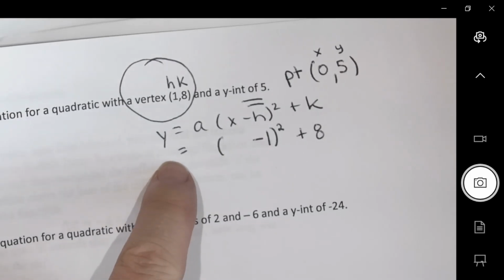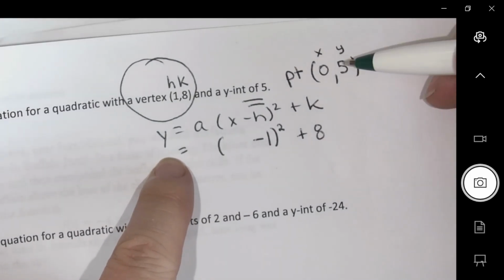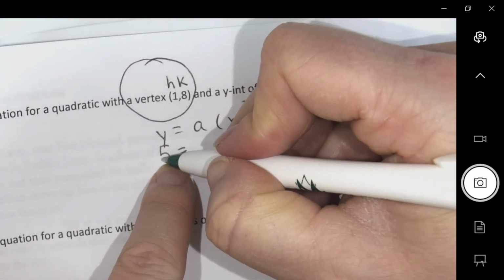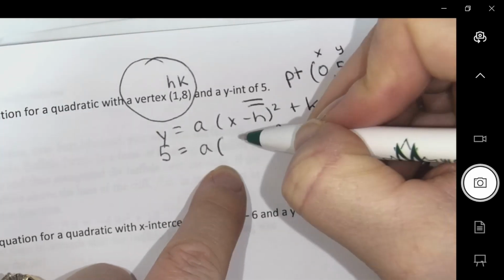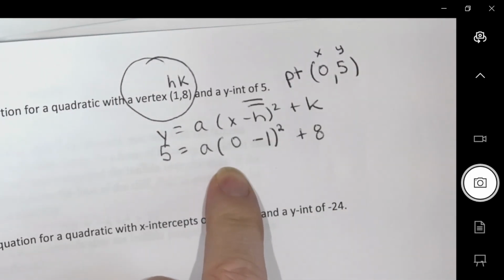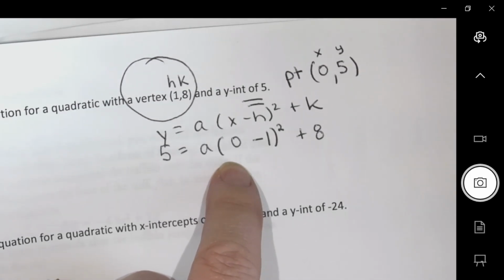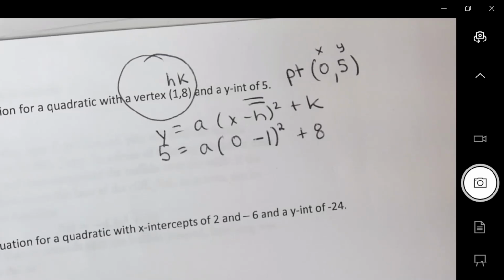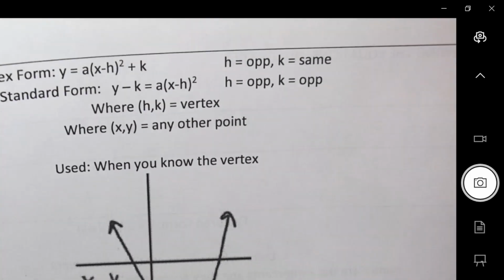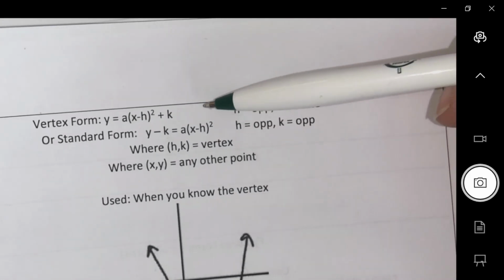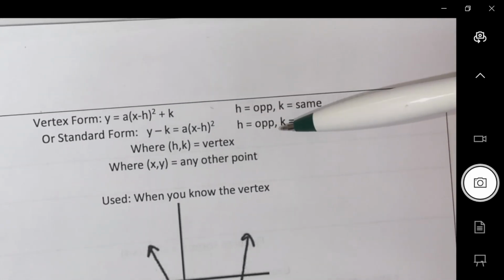Now I'm going to replace the y with a 5. And I'm going to replace the x with a 0. Okay, I'm not really going to show this both ways, but if some of you use this, I'm fine with it.